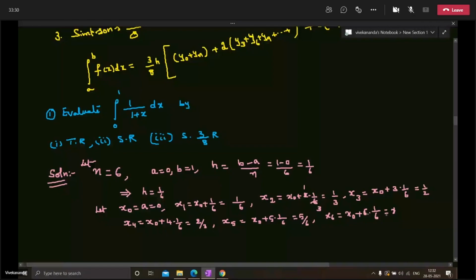So x naught is 0, x1 is 1 by 6, x2 is 1 by 3 or 2 by 6, x3 is 1 by 2 or 3 by 6, x4 is 2 by 3 or 4 by 6, x5 is 5 by 6, x6 is 1. Likewise, I have defined.